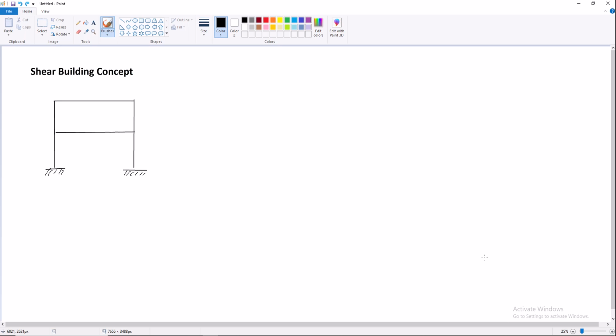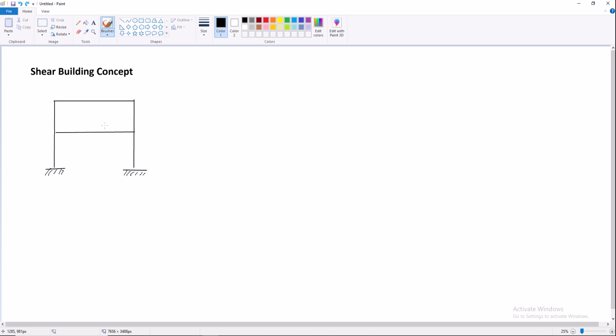So here in this picture we have a two-floor frame, with two columns on either side connected by two beams at each floor level. For this we have some assumptions to have the idealization of the shear building.